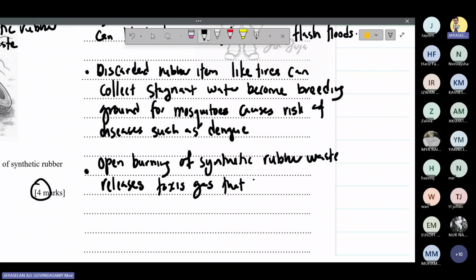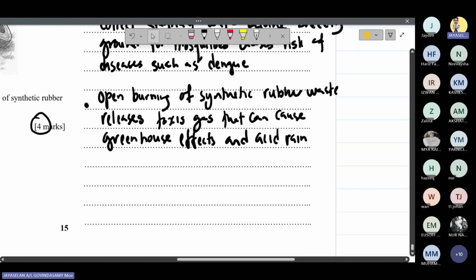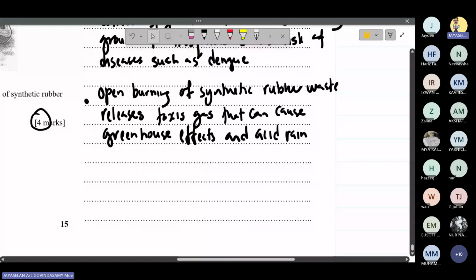That can cause what? Can cause greenhouse effect. Okay, and one more acid rain. Any question? Saya dah bagi 3, but you ambil 2.